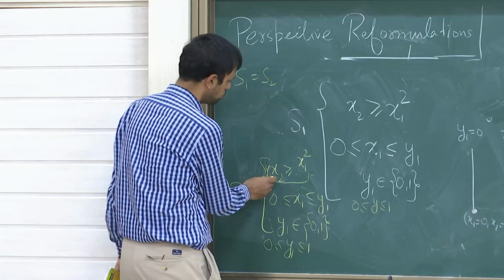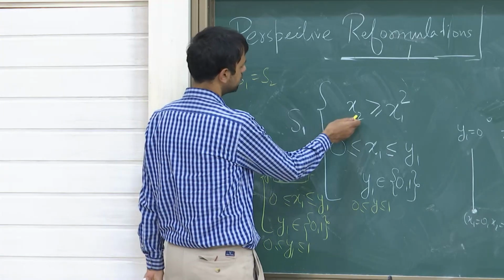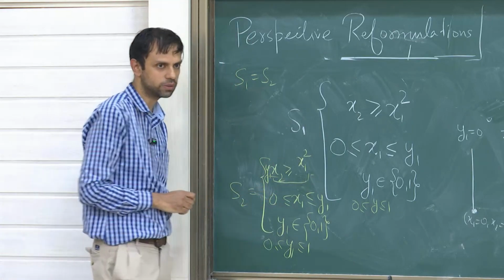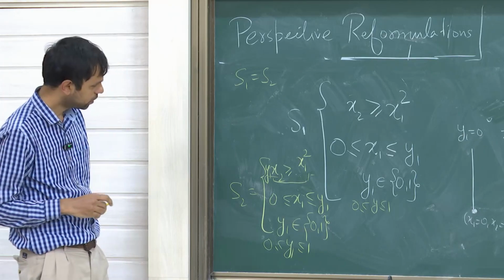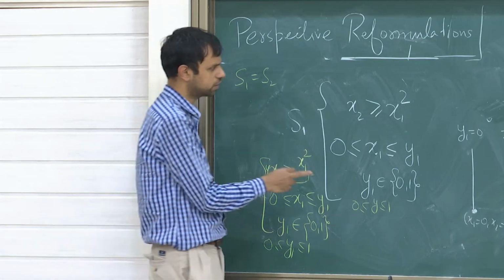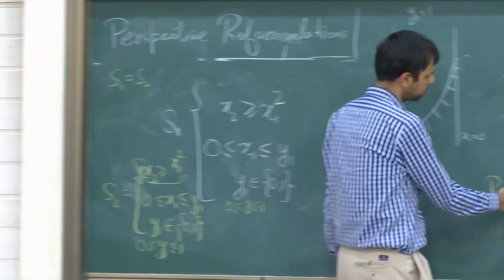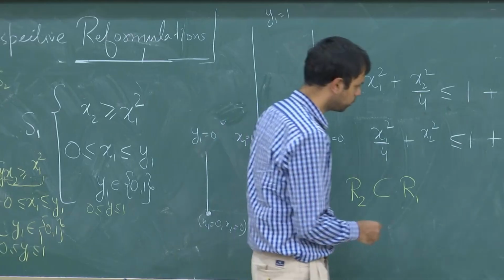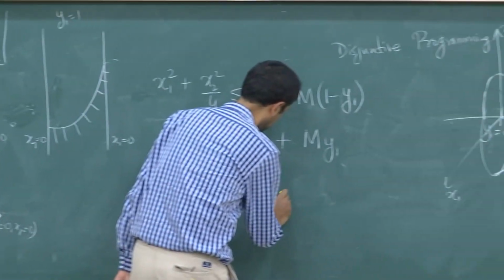Simply because y1 x2 is less than or equal to x2. Also there are points which are in R1 but not R2. So let's take a point, say y1 equal to half.